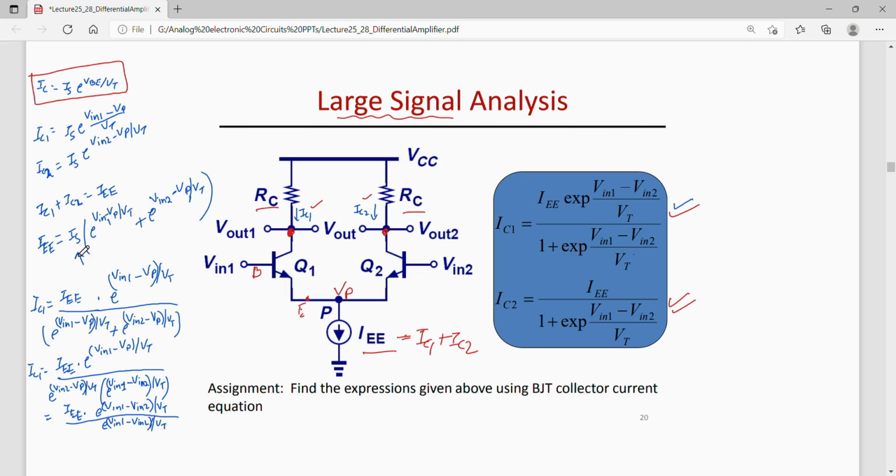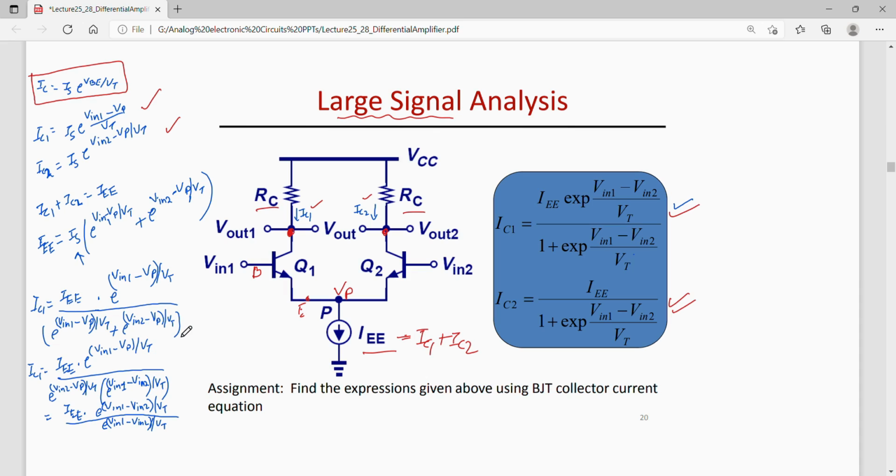This Is I can put over here to find out IC1, or the same Is I can put here to find out IC2. So let us put Is as IEE by this term in the IC1 equation. I get IC1 is now IEE times e to the power Vin1 minus Vp by Vt, divided by e to the power Vin1 minus Vp by Vt plus e to the power Vin2 minus Vp by Vt.